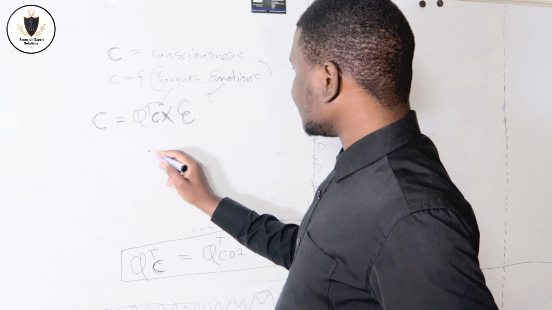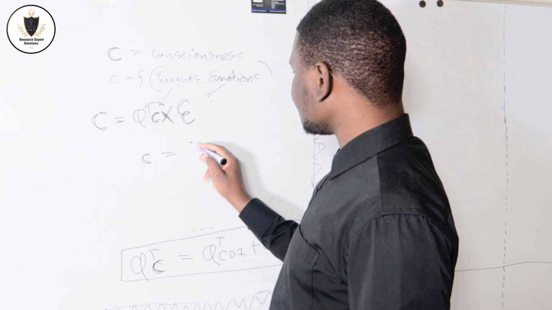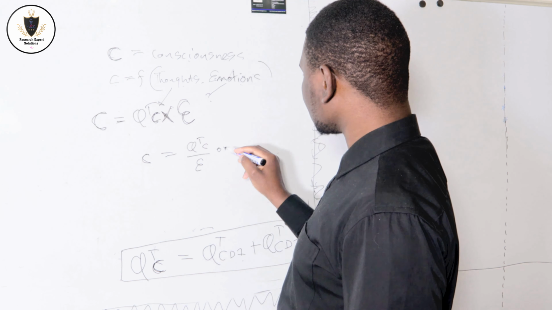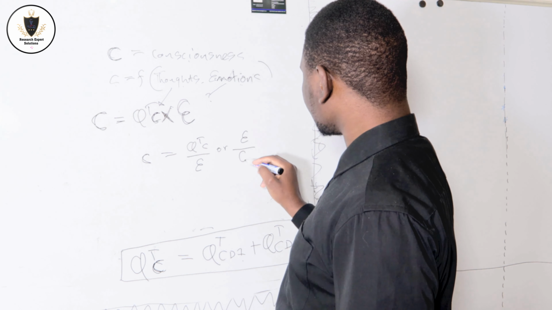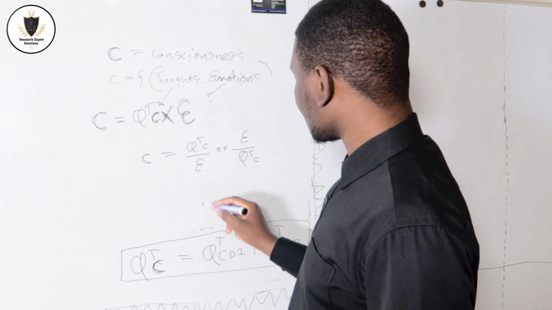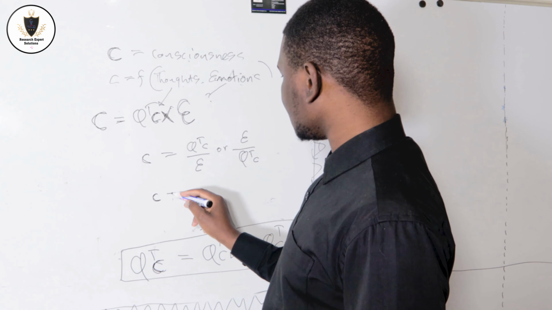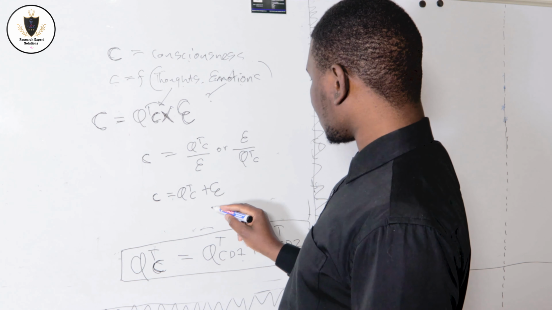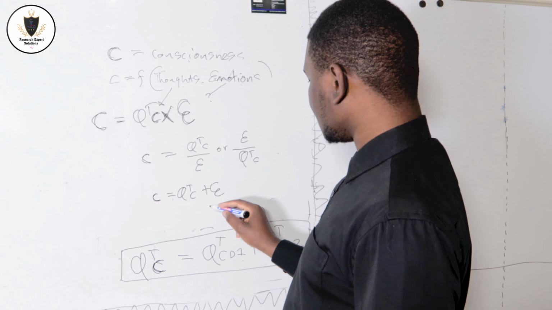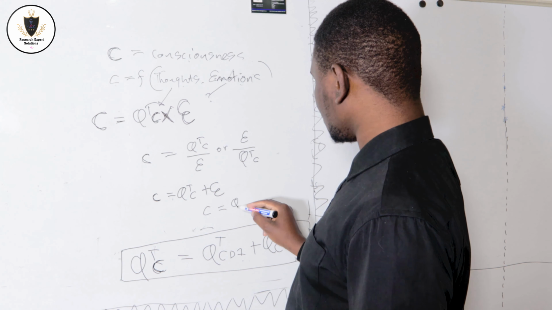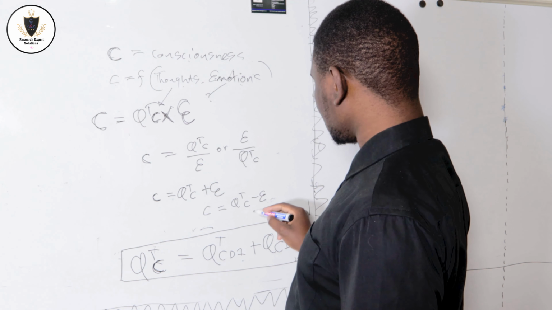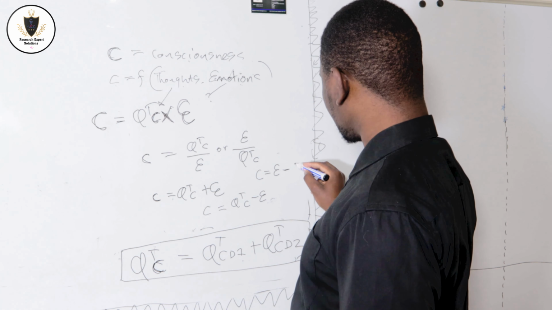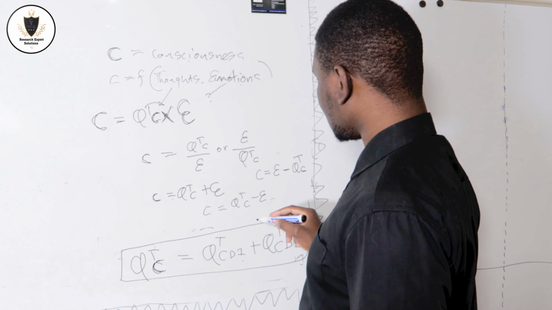Because ideally, we can say it can be in this form, or it could be the other way round, or it could be QT plus E, or C equals QTC minus E, or C is equal to this minus QC.